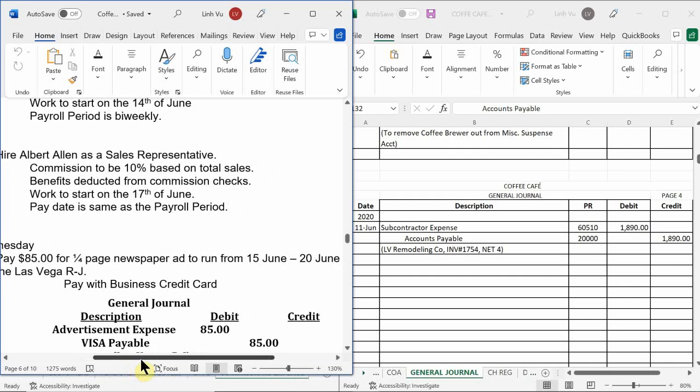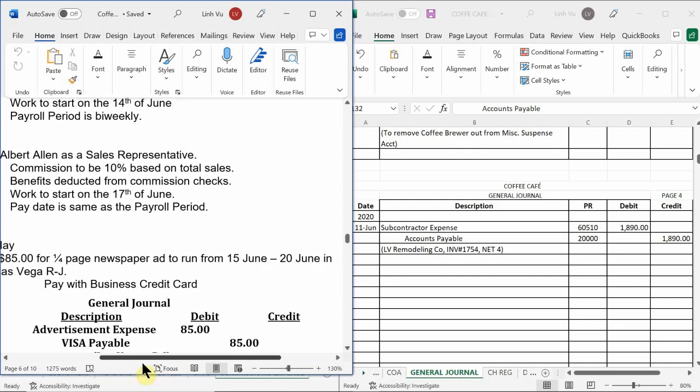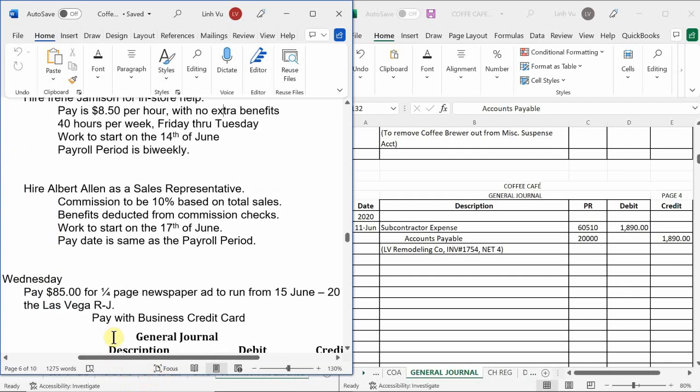And we're going to finally use our business credit card. So in this case, if I'm buying a quarter page newspaper ad to be published from the 15th of June to the 20th of June, what did I buy?